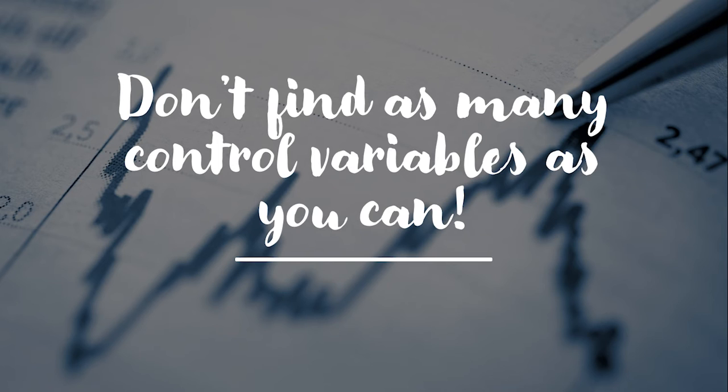Okay, so we have to find as many types of CV as possible, madam? Find as much as you can. It's actually not for you to find as many CVs as you can. It's for you to understand why you need that control system, why you need to control that variable. What happens if you don't maintain it?